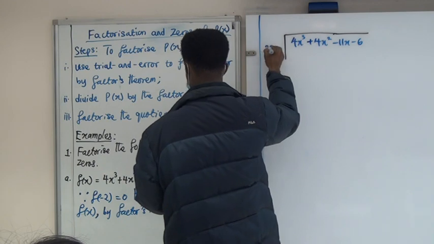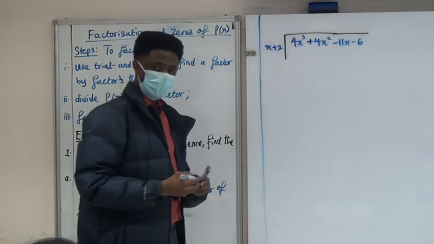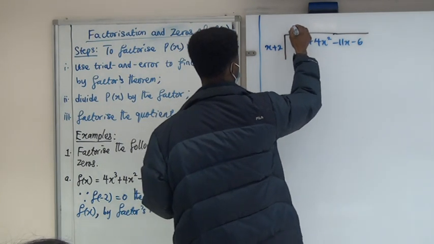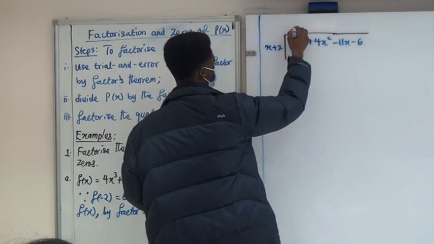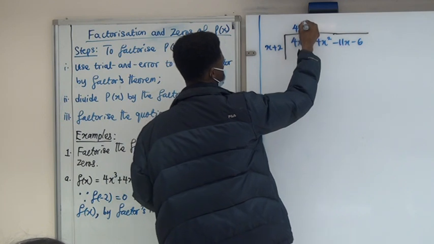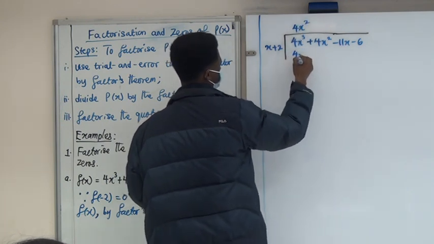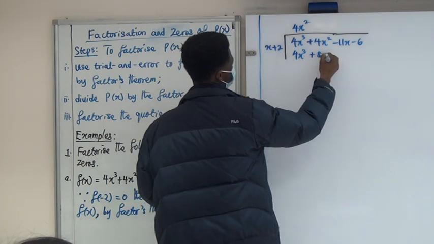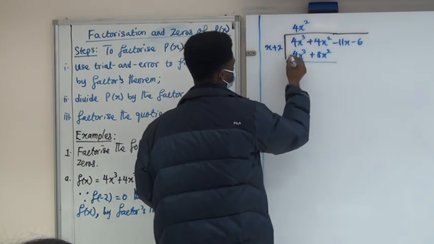So you have discovered x plus 2 as a factor. So we divide. The first one will be 4x squared. So this will be 4x cubed plus 8x squared. Then we subtract.